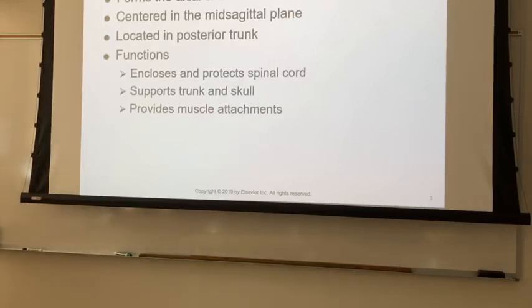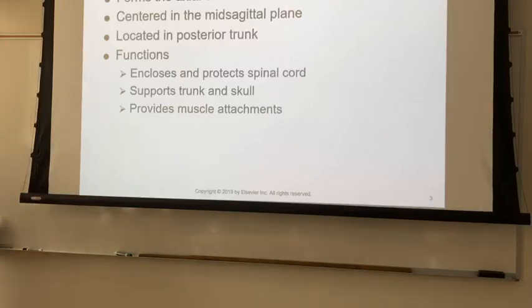It is located in the posterior portion of the trunk. In the C-spine, it's closer to centered, but in the T-spine and L-spine, it's definitely in the posterior portion. The functions are that it encloses and protects the spinal cord, so every vertebra has a hole in it where the spinal cord goes through.